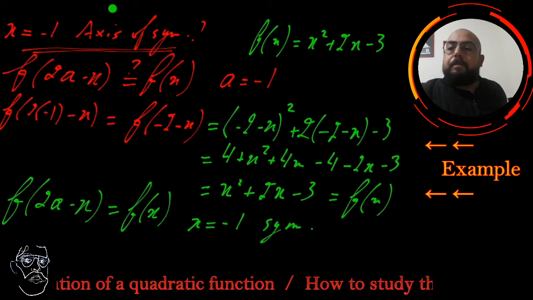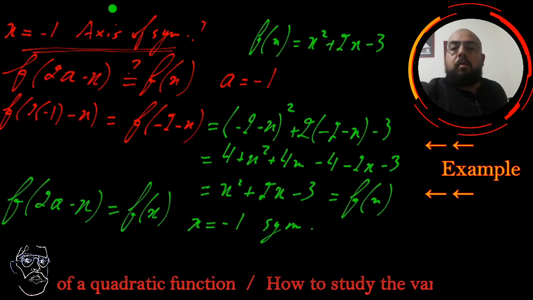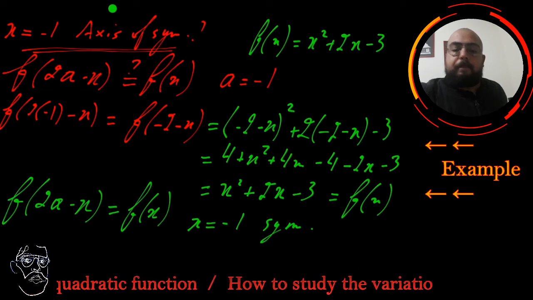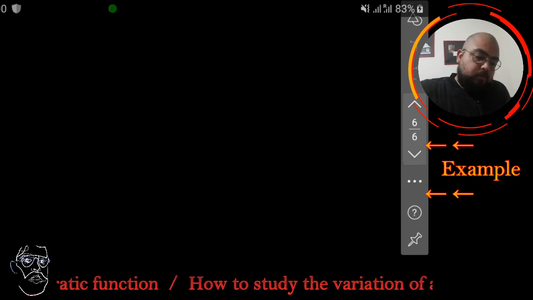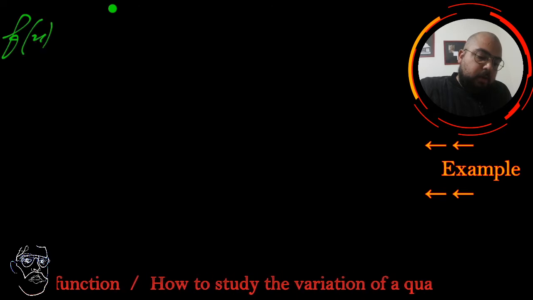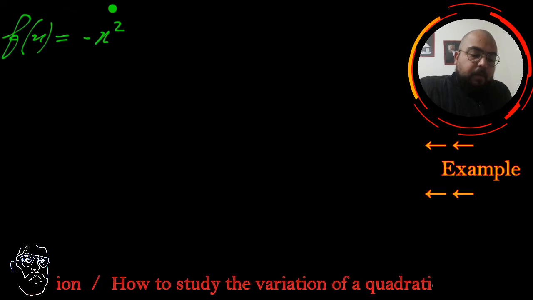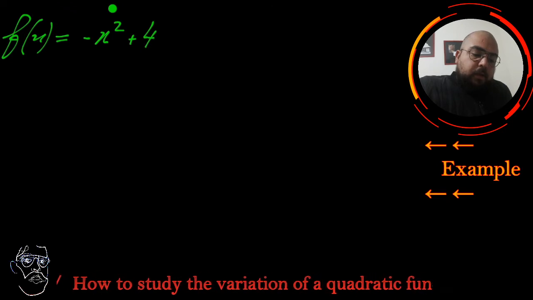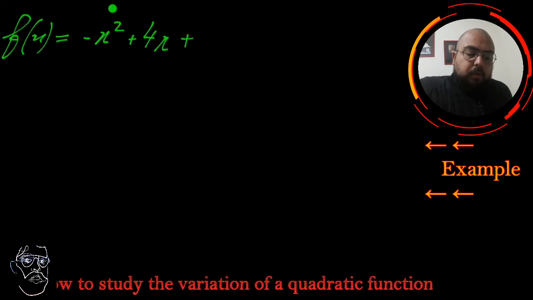So the second example will be, in this case, f of x is equal to minus x squared plus 4x plus 3.